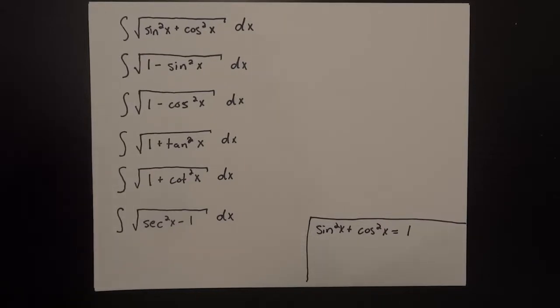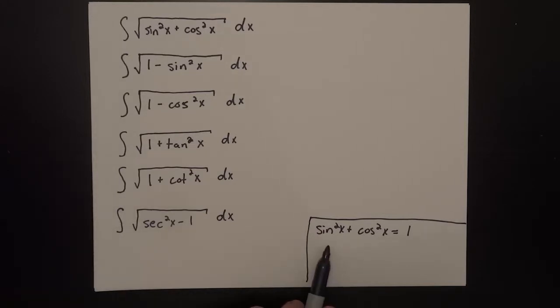So if you were to look at a few problems like this, your first thought is, how the heck do I do this, right? Because you have a sine squared plus a cosine squared underneath a square root. And you wouldn't really know how to integrate that, but then if you actually start thinking about the trig identity, right? So down here you have sine squared x plus cosine squared x equals 1.